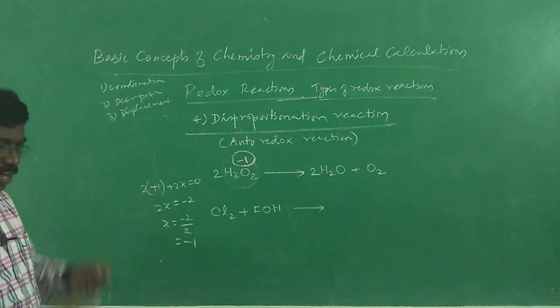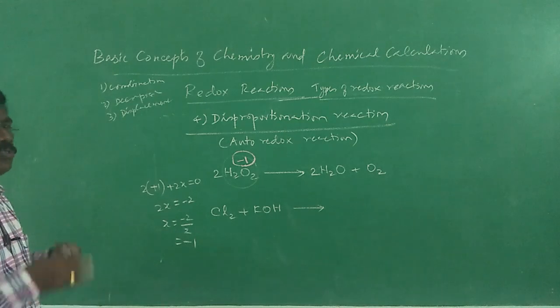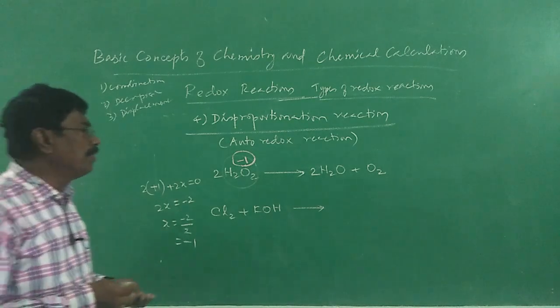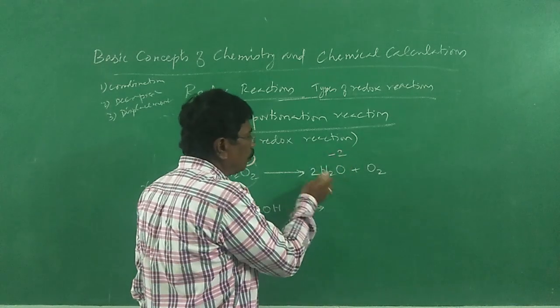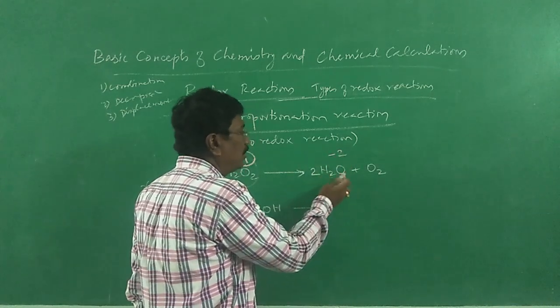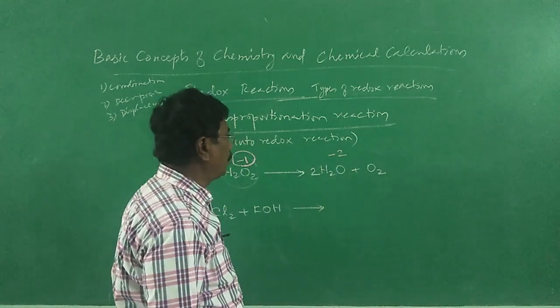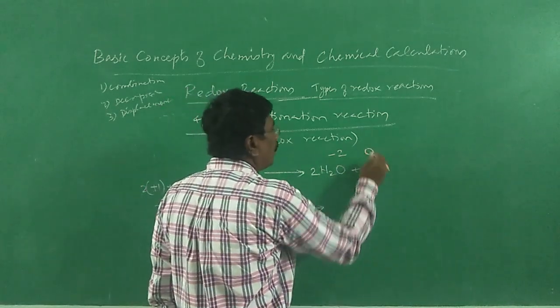But in all the compounds except peroxide, superoxide, and with fluorine, oxygen shows oxidation state of -2. Obviously, in water, 2 hydrogen, 2 into +1 plus oxygen, it should be -2 only. Here -2, here 0. How can it be 0?